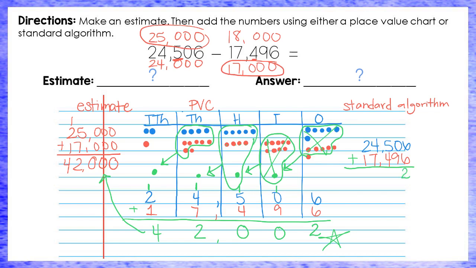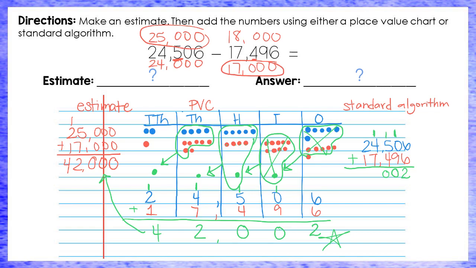We put a 2 in the ones place and regroup a 10. Then we say 1 plus 9 is 10. Can't put a 10 in the tens place, so we put a 0 in the tens place, and 10 tens make 100. We add 100 to the hundreds place. 1 plus 5 plus 4 is 10. Can't have a 10 in the hundreds place. We put a 0 and make 10 hundreds 1,000.